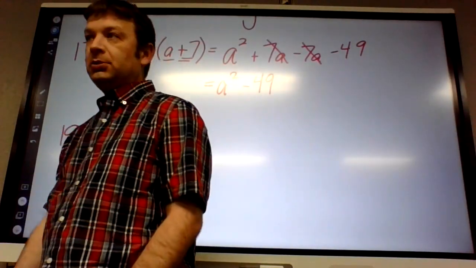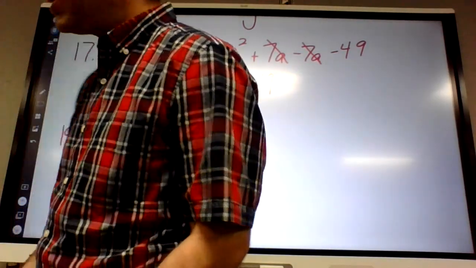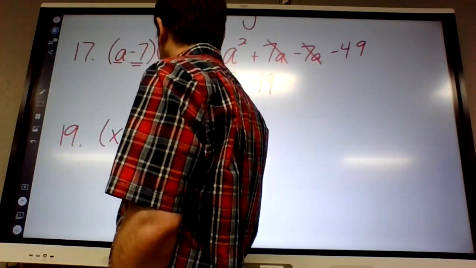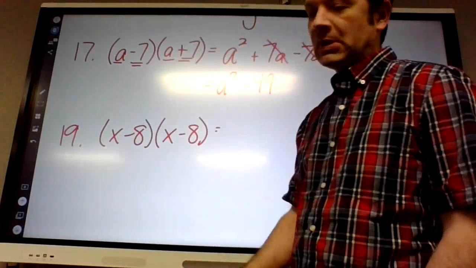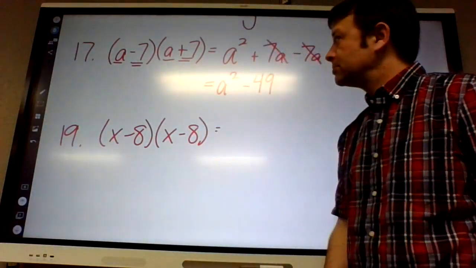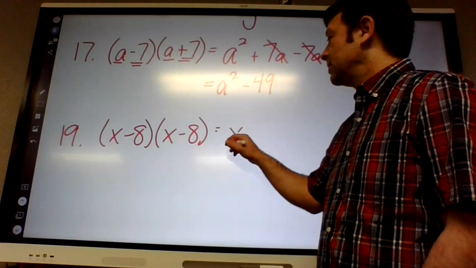Number 19 says x minus 8. Is this one going to cancel out? No, this is more like number 9. It does not cancel out. All right, Emily, what's the first going to be? X squared. What's outside?